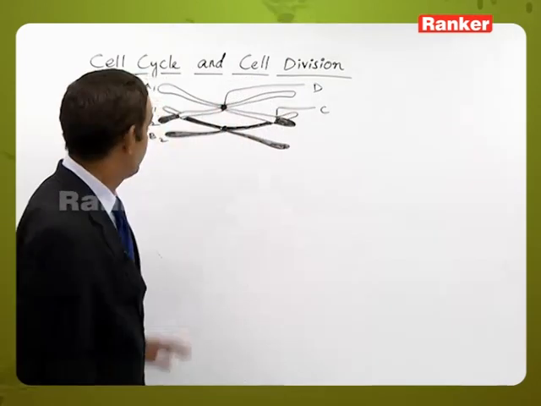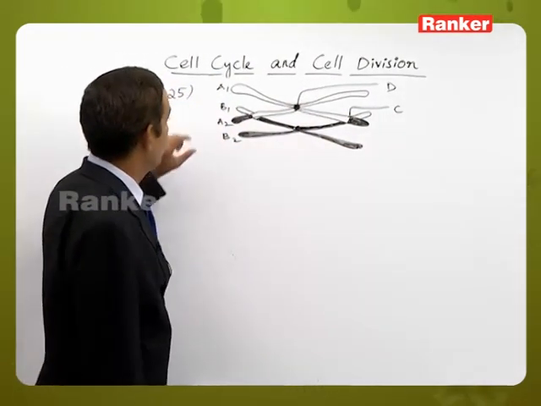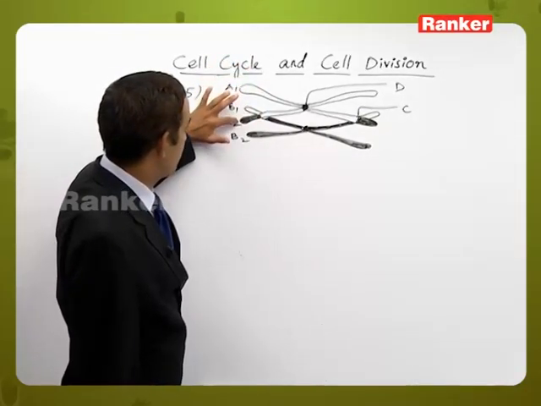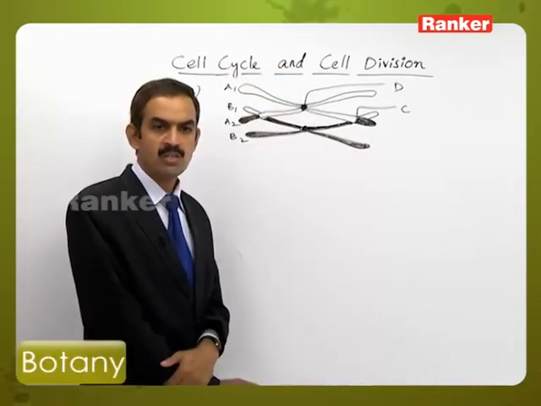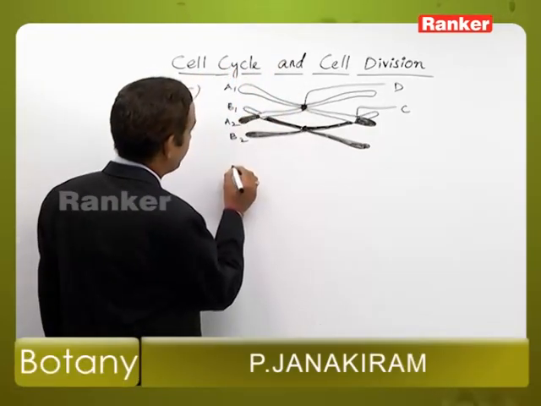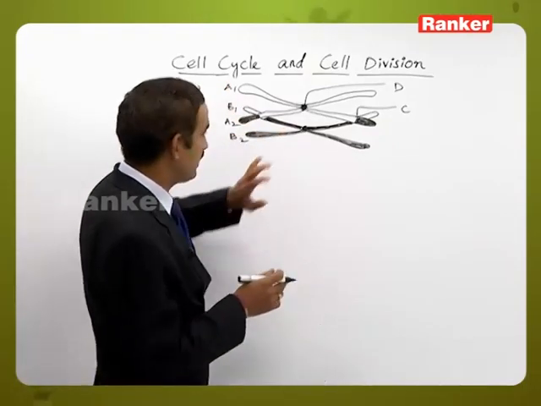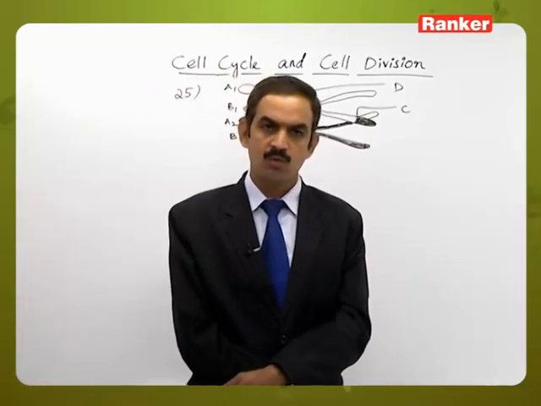So here this is a diagram related to the question. These two are the chromatids, that is A1 and A2, and these are the part of one homologous chromosome. And at the same time B1 and B2, these two are also the chromatids of the other homologous chromosome.